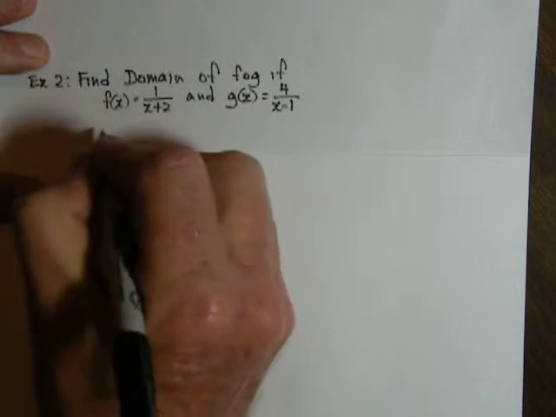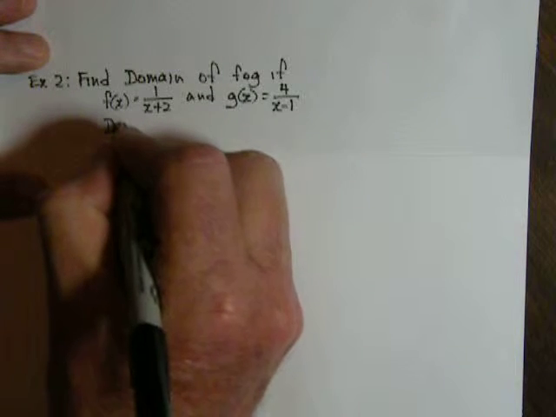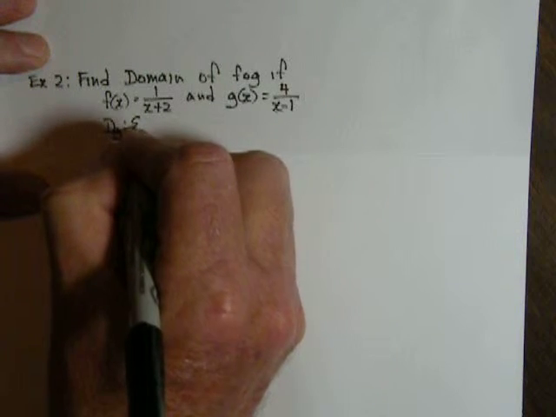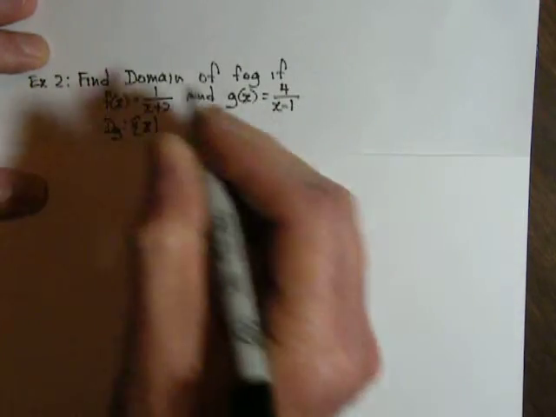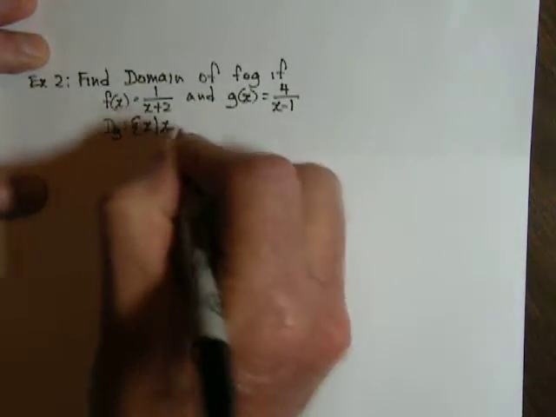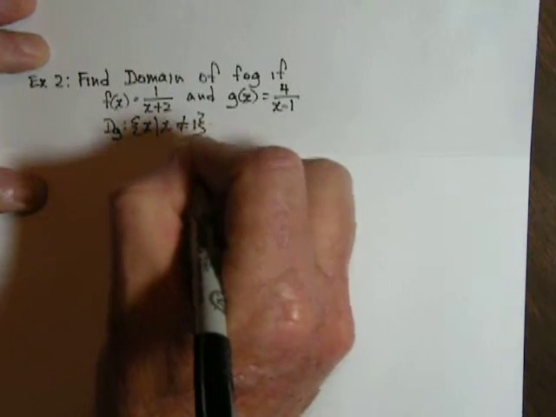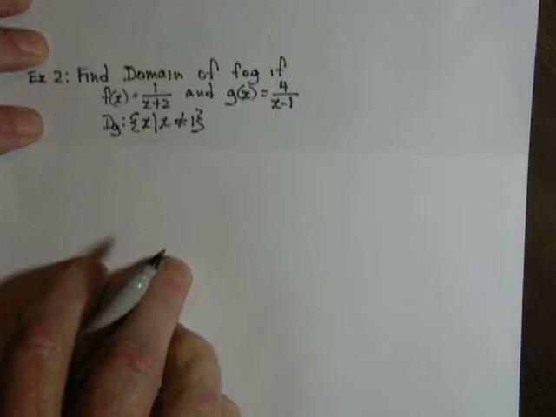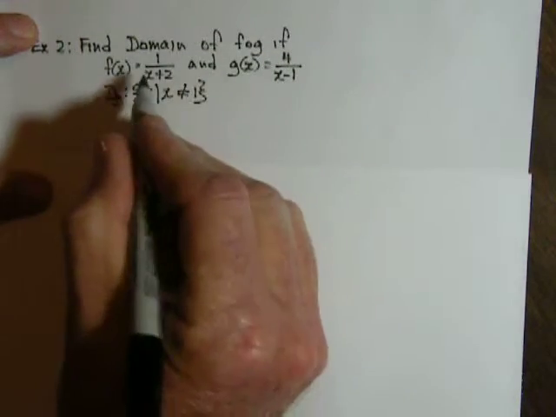So the domain of g is going to be all x's except 1 again. So x cannot equal 1. Now I'm going to look at f.